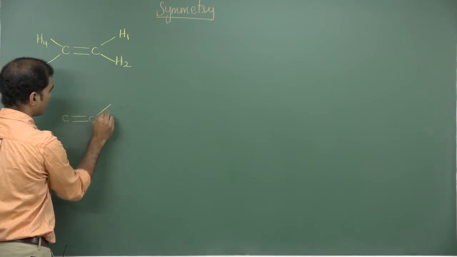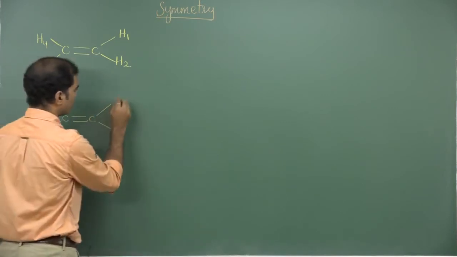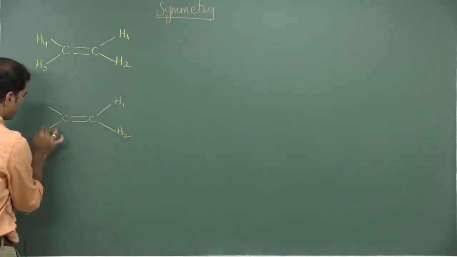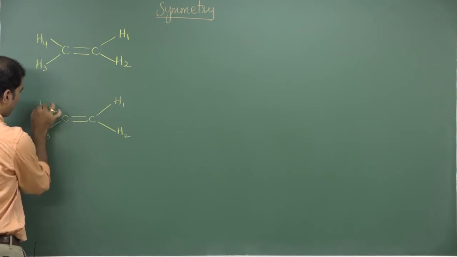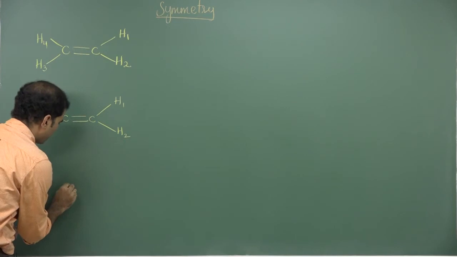Ethylene is very important because it is also asked with reference to group theory. So, you must understand it very carefully, how the atoms are being shifted, what kind of symmetry elements are present in them.